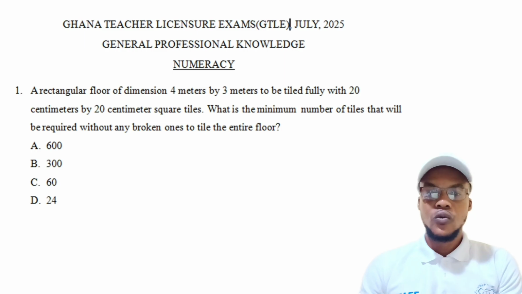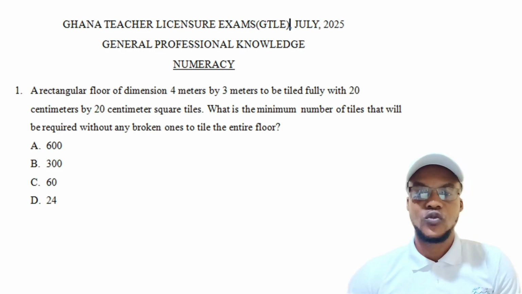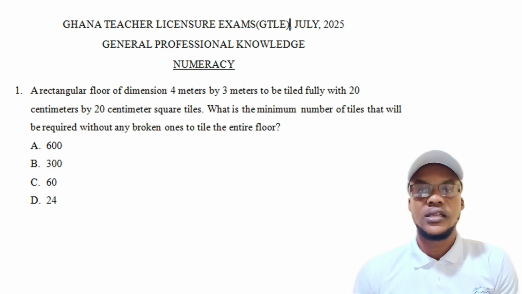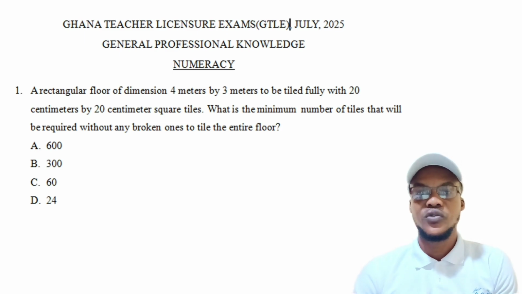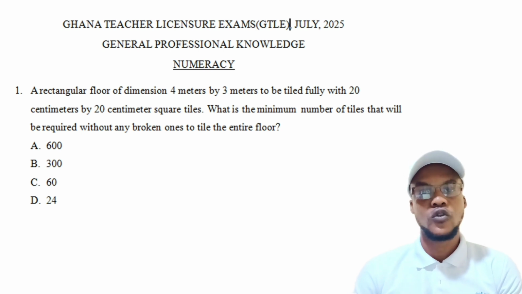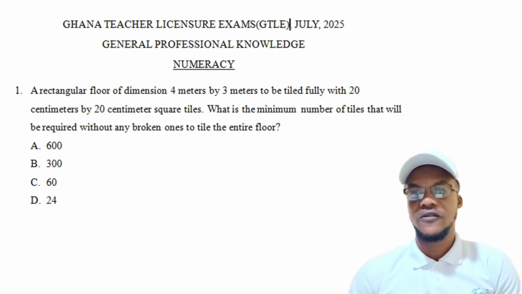Okay, good. So we are dealing with a rectangular floor and a square, so two different two-dimensional shapes. As we know, for a rectangle, opposite sides are equal, and for a square, all sides are equal. So if you are saying 4 by 3, it means that one side of the rectangle is 4 meters and the other side is 3 meters.